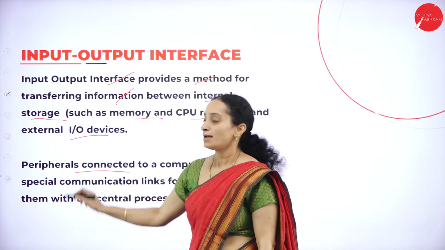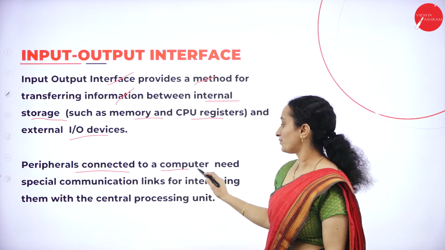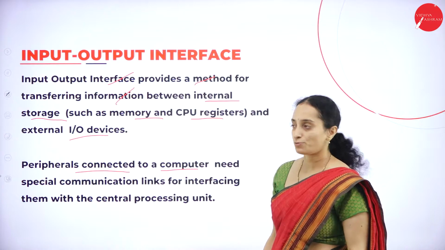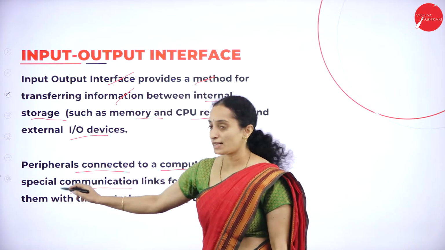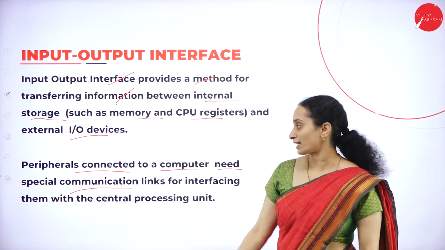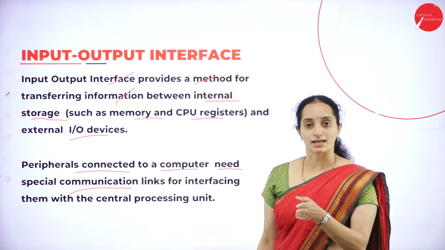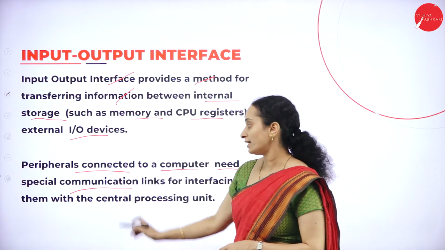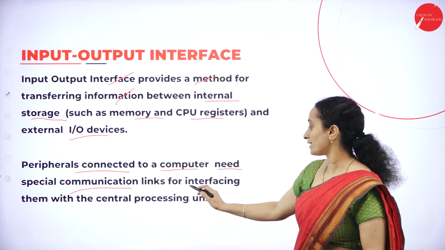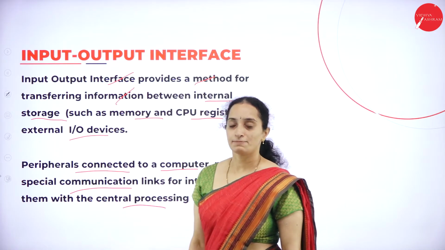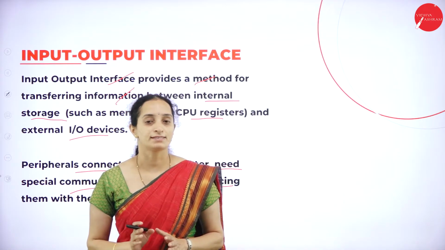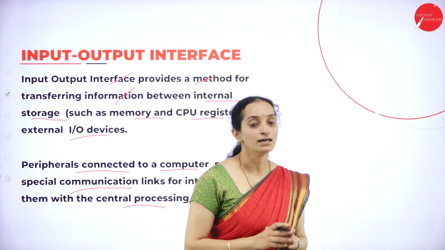Next thing is, peripherals connected to a computer need special communication links. Peripherals which are connected to the main processor need a special communication link for interfacing them with the CPU.